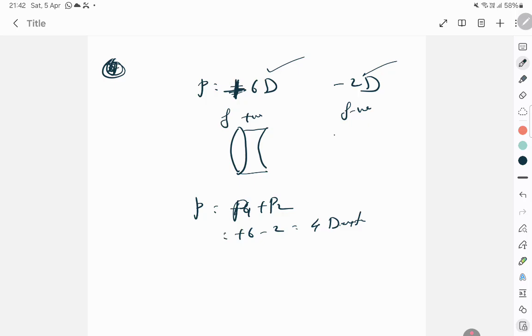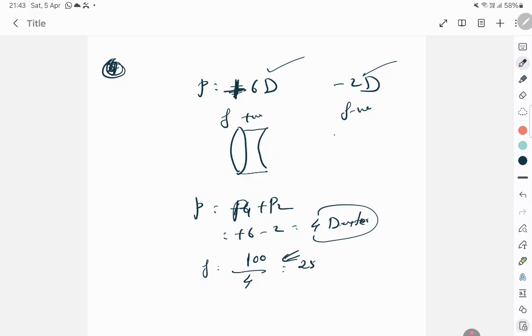Plus 4 diopter. And you know that the focal length of the combination should have been 1 by 4, but that should be 100 by 4, because we need to calculate the focal length in centimeters. 4 diopter is based on the focal length being in meters. So 1 by 4 will become 100 by 4 in centimeters.